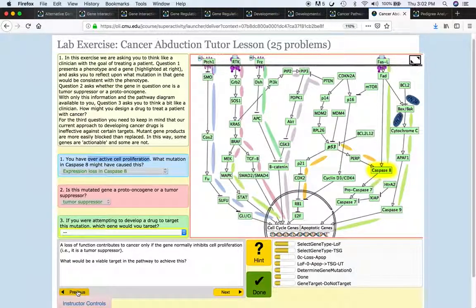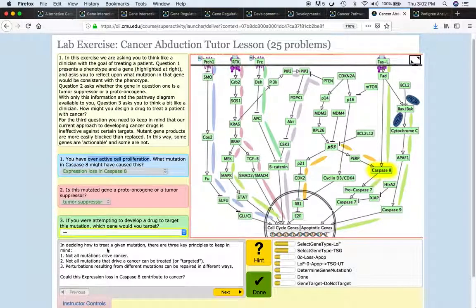So in this case, this asks the student to think about the different ways that scientists design cancer treatments customized to a specific patient.